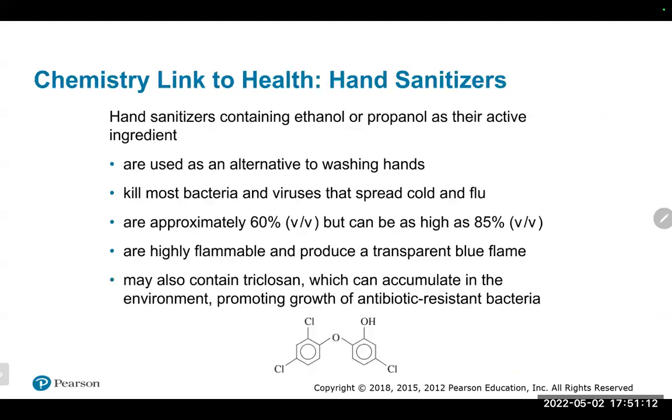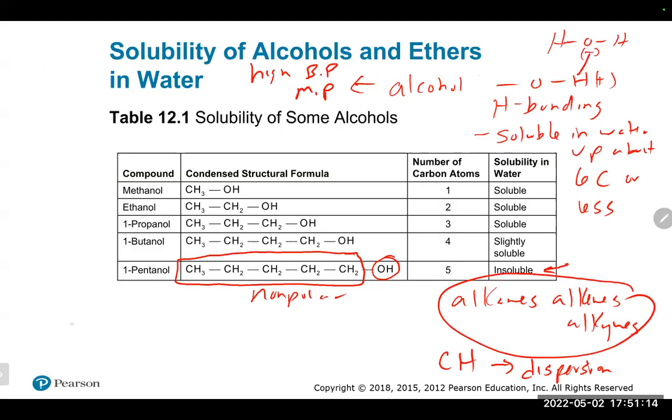Now, ethers, on the other hand, do have this oxygen in the middle, and this is a polar bond between carbon and oxygen, with oxygen being a little bit more negative. Ethers cannot hydrogen bond with themselves because they lack the hydrogen to do so.